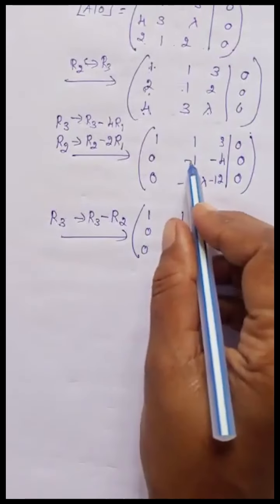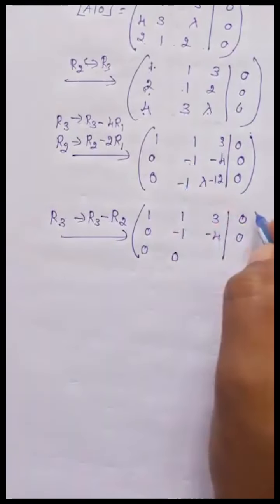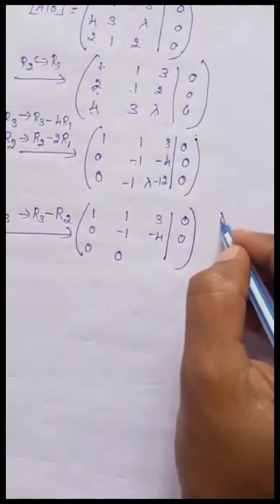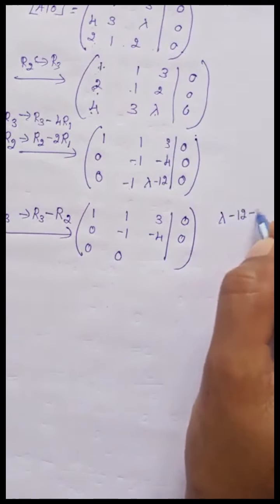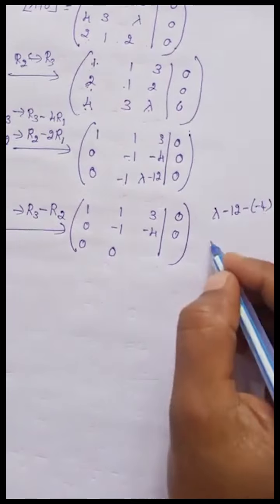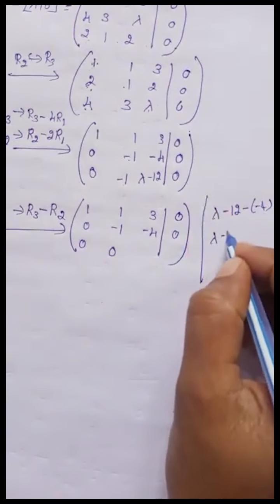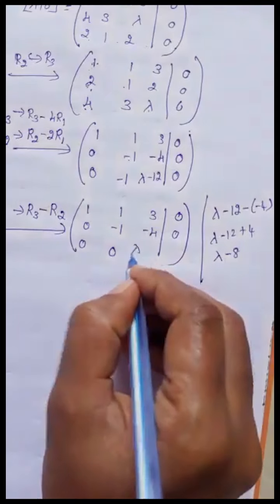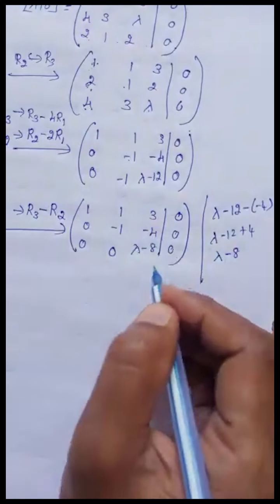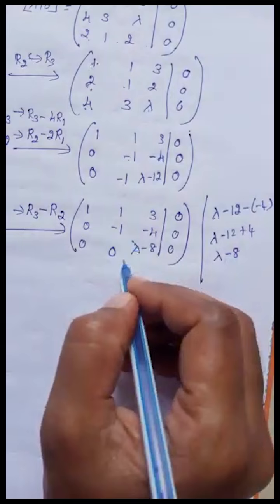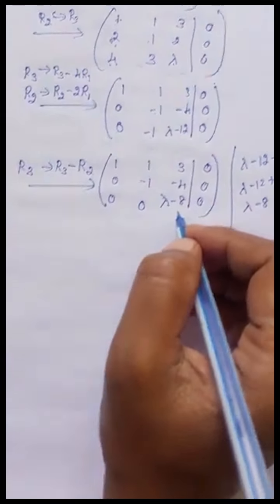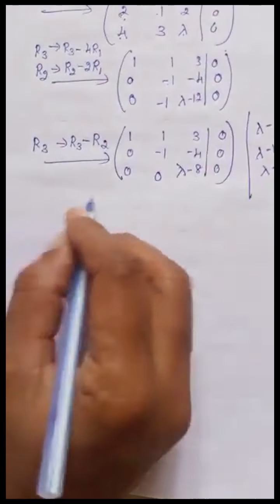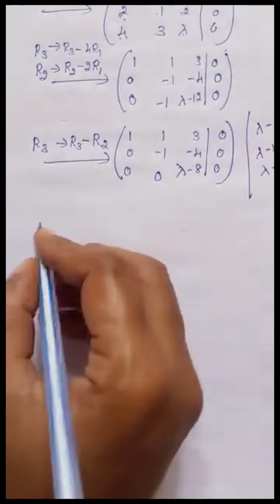Minus 1, minus of minus 1 is plus 1, 0. See here, lambda minus 12, minus of minus 4. That is lambda minus 12 plus 4. So we may get lambda minus 8. Here 0. More than this we cannot simplify, isn't it? So we can stop with this step.